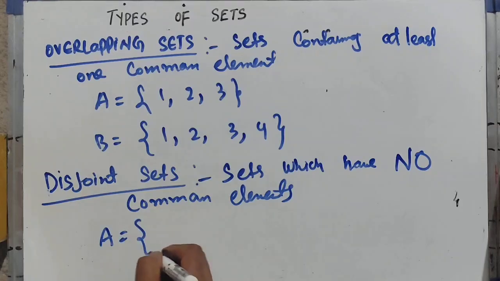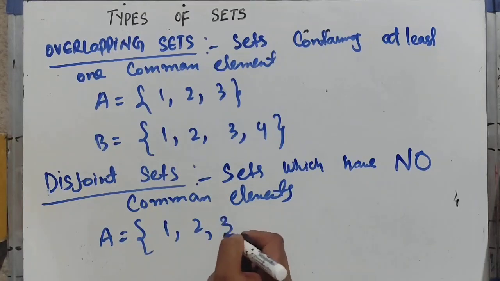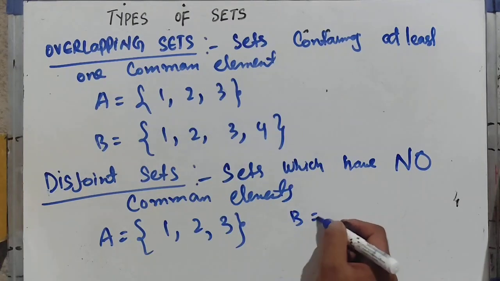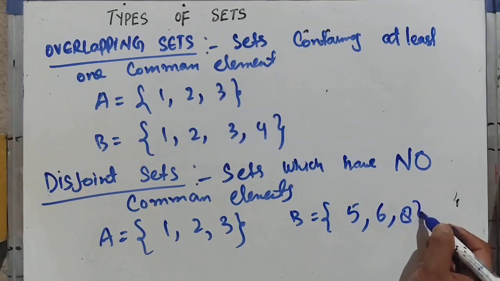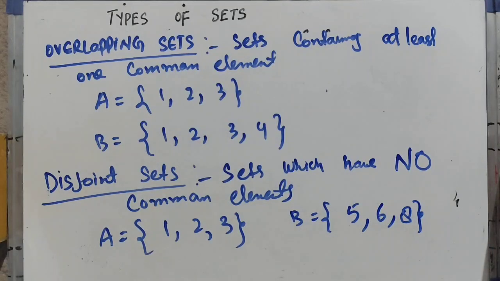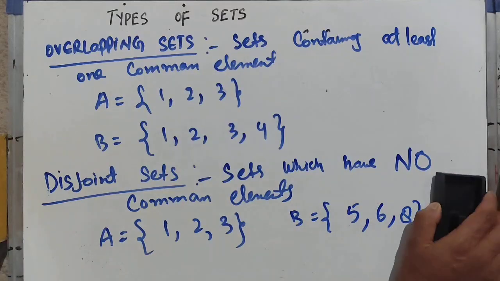Let us suppose we have a set 1, 2, 3, and another set B which contains 5, 6, 8. These two are disjoint sets because they have no common element. So let me wrap this up also.